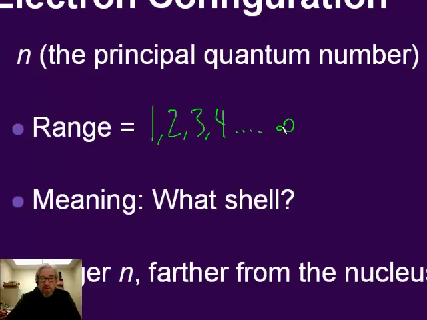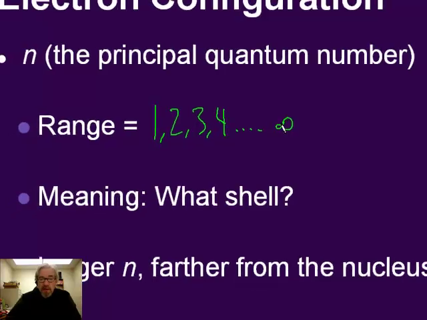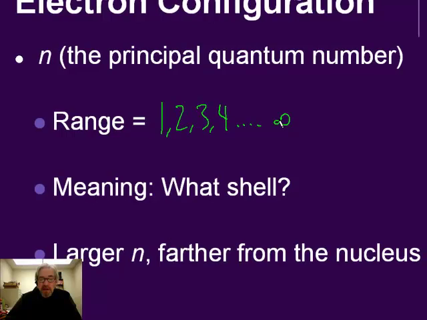What's its meaning? Its meaning is what shell the electron is in. And in general, the larger the value of N, the farther that electron is from the nucleus, on average. Although we don't really know where the electron is, this is just sort of an average position of that electron. In terms of how to know where the electron is in the atom, this is sort of like part of the address. This is like what floor the electron lives on in a building.